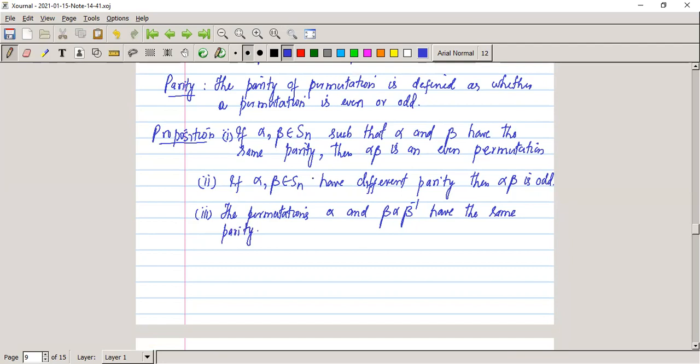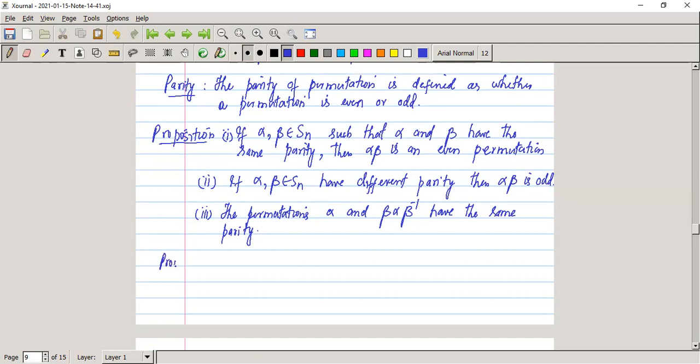So this third part says that the two permutations alpha and alpha beta inverse always have the same parity. So the parity of alpha beta inverse just depends on the parity of the permutation alpha.